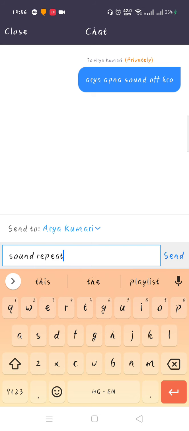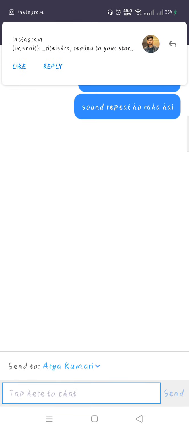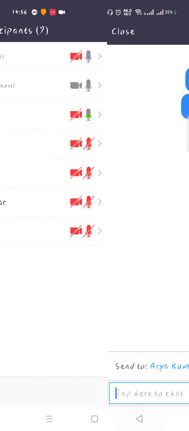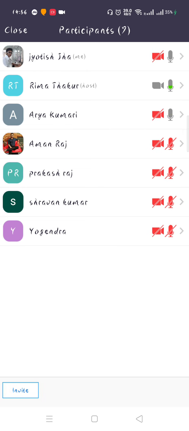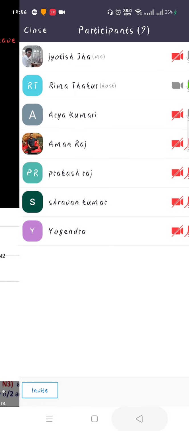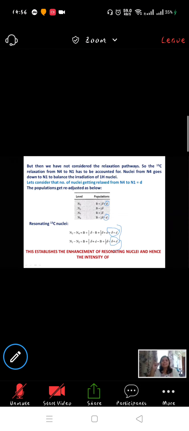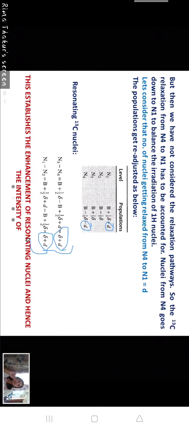N3 minus N4 is delta plus D, and N1 minus N2 is delta plus D. So in both cases there is an increment in the number of carbon nuclei, and the number of resonating nuclei is directly proportional to the intensity. For example, if in a particular chemical shift there are 2 resonating protons, that gives a certain intensity, and another chemical shift has 3 protons, then the intensity ratio follows that.